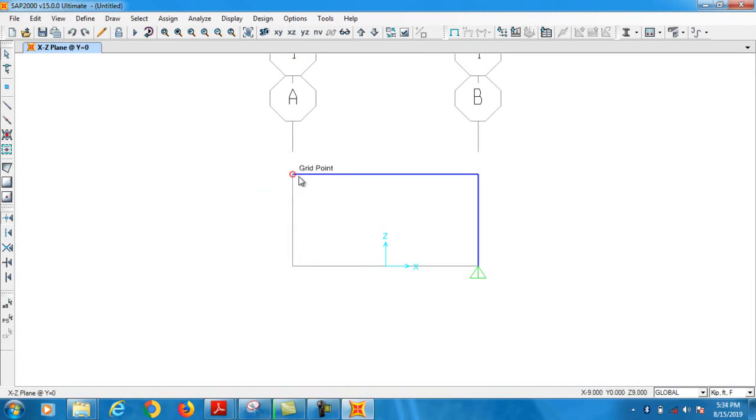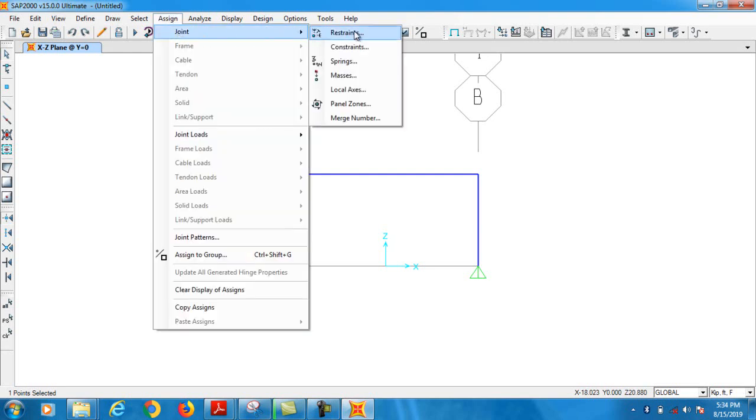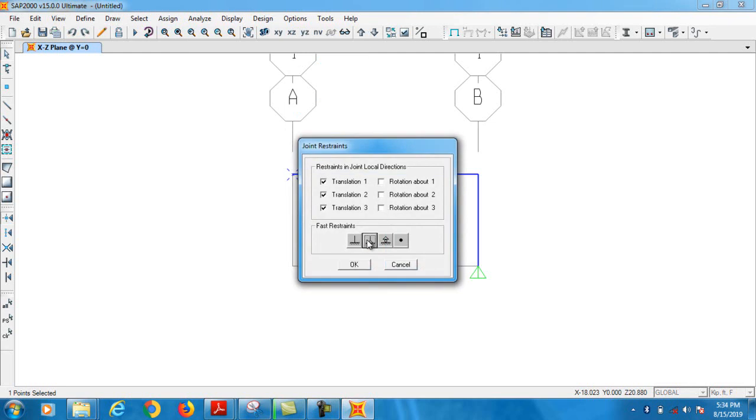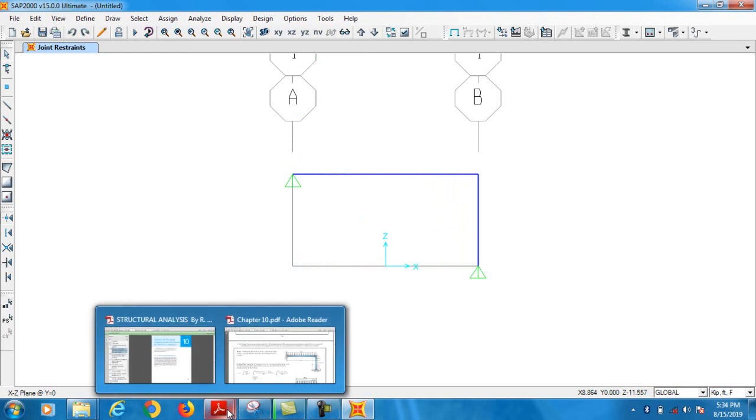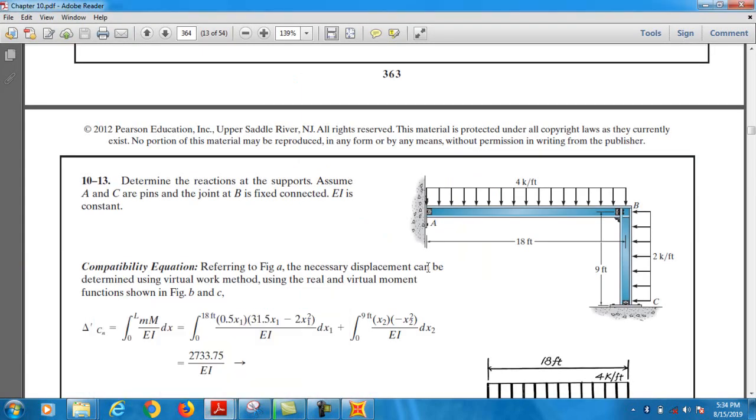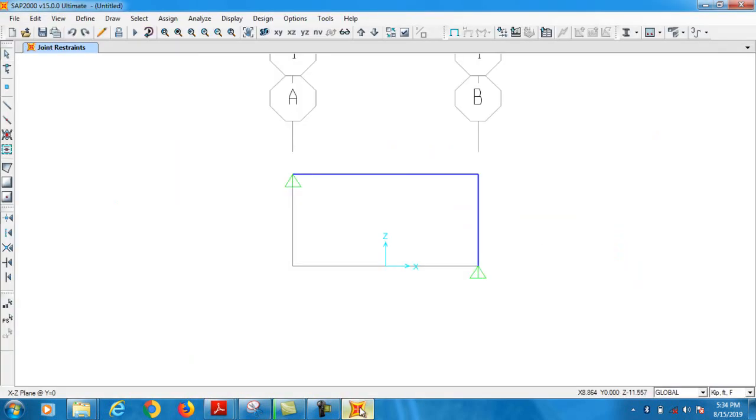We have to assign a joint, that is, a hinge support there. You see that the hinge support is horizontal with this member, so we need to rotate it.